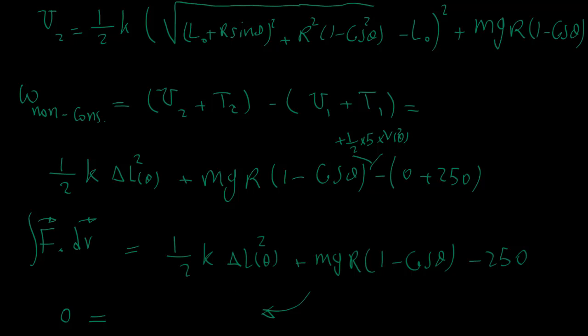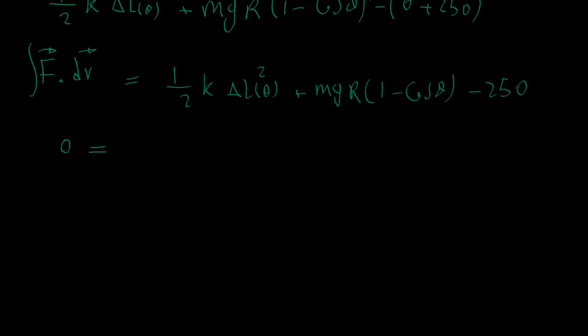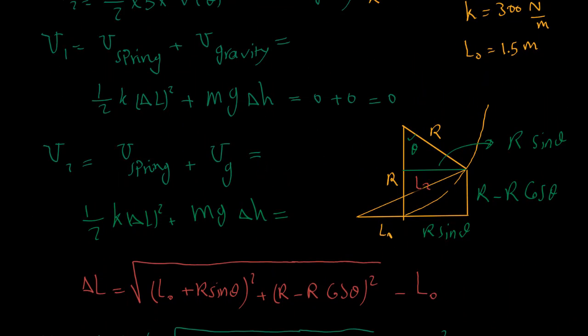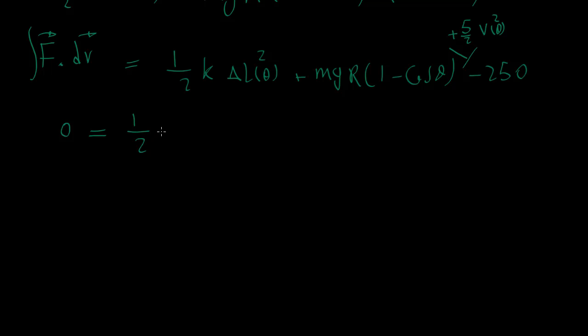So it's better actually to write this again. Here we are going to have 0 equal to 1 over 2 times k, and k was I think 300, times 300 times delta L of theta squared plus mg, or we can substitute 10 for g here, or just leave it as mg.